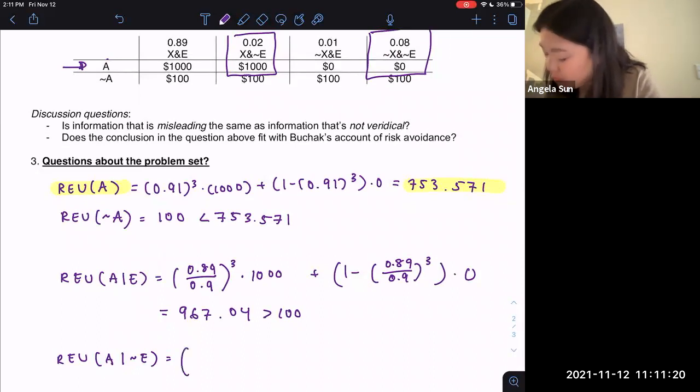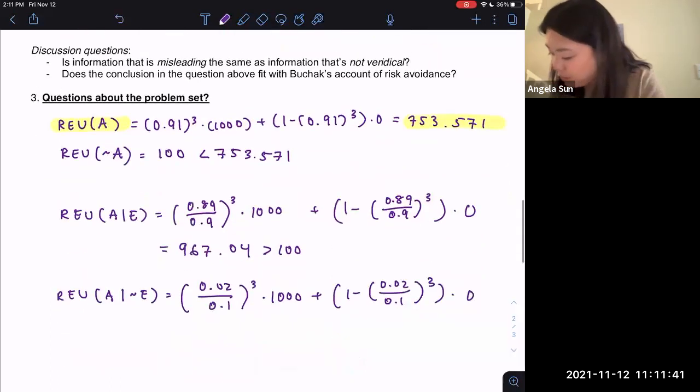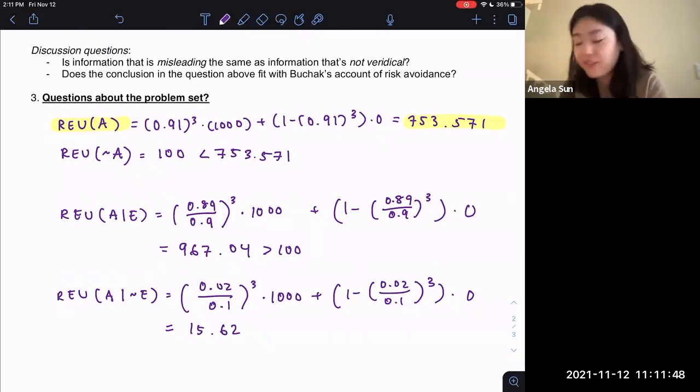First we have the risk-weighted probability of the max, which is 0.02 over 0.1 cubed times U max, which is 1,000, plus 1 minus the risk-weighted probability of the max times U min, which is 0. And that turns out to be 15.62.